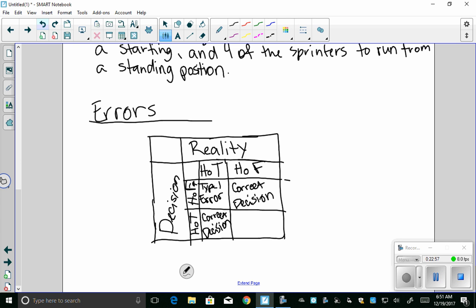A type 2 error occurs when the null hypothesis is not rejected, so it's accepted, but in reality it is false. So if you reject the null hypothesis, it's a type 1. If you accept the null hypothesis, it's a type 2 error.